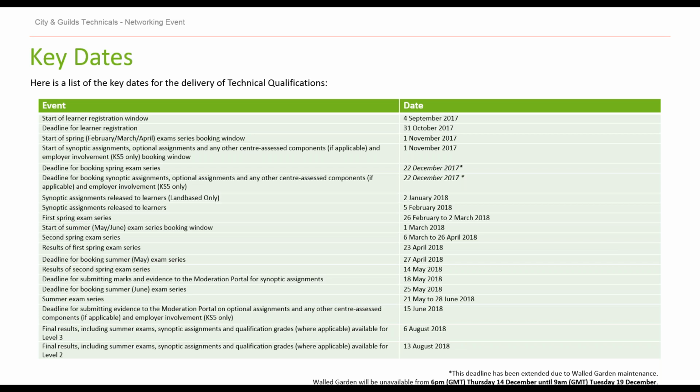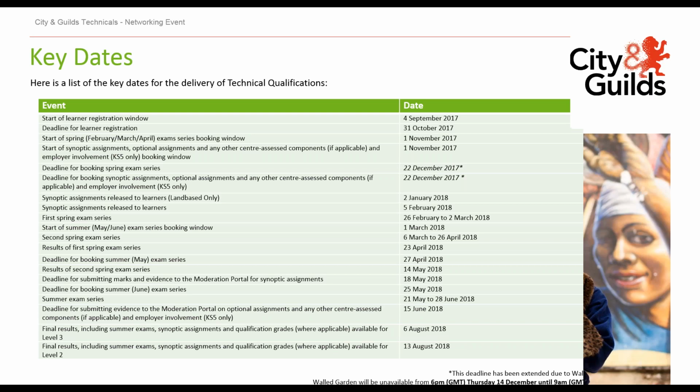The reason level 3 will be communicated first is because obviously our level 3 qualifications have UCAS points, and these need to be submitted slightly earlier for entry into university. So they will be on the 6th of August and your level 2s will be released to you on the 13th of August. Your marks and your grades will all be on Walled Garden.